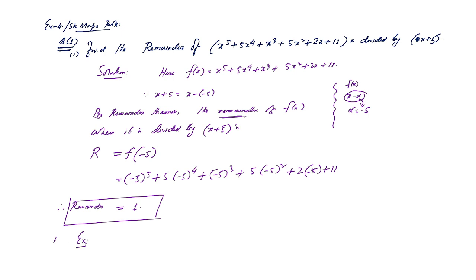Similarly, you have given an exercise as homework. This is 1, 2. The exercise is 2x to the power 5 plus x to the power 4 plus 2x cube plus x square plus 4x plus 3. So you will find the remainder of this polynomial when it is divided by 2x plus 1.